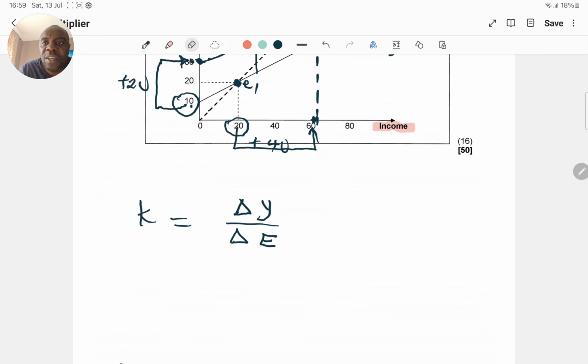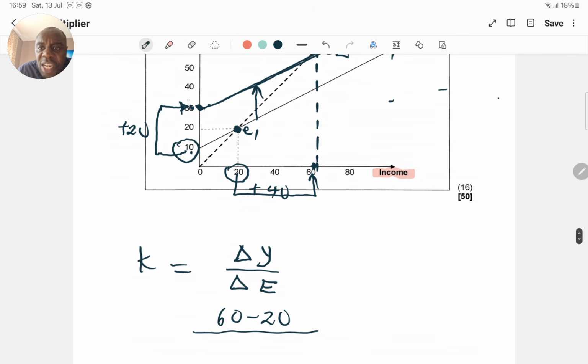Now look at this. What is our change in income? Our income was at 20 and it went to 60. So my change is 60 minus 20. That is the change. The 40 is my change. Then you divide this by your change in expenditure. Our expenditure moved from 10 to 30.